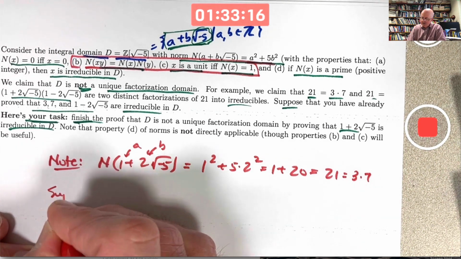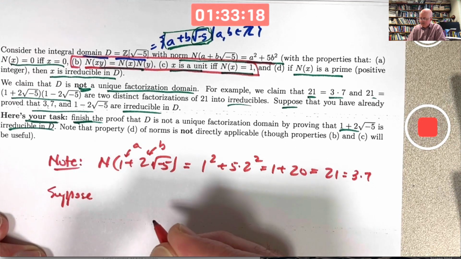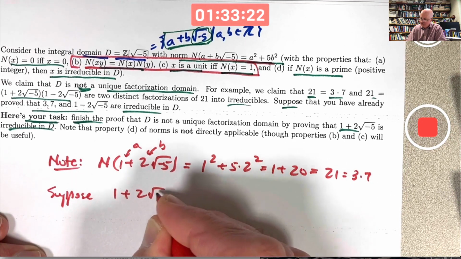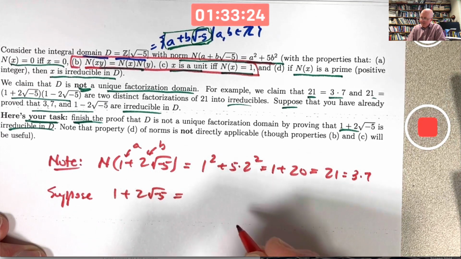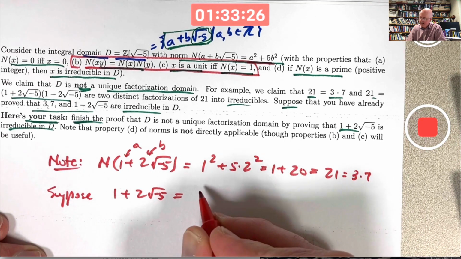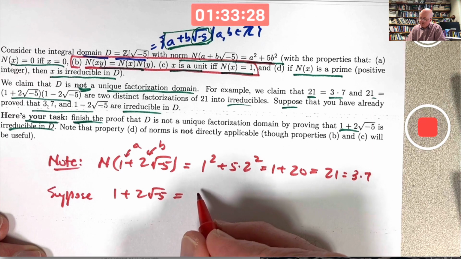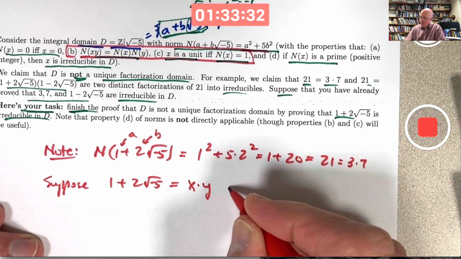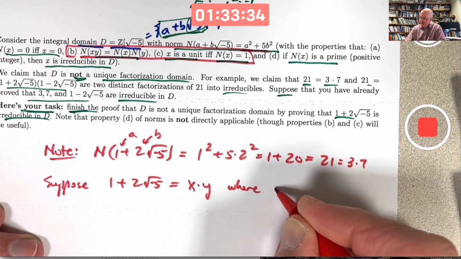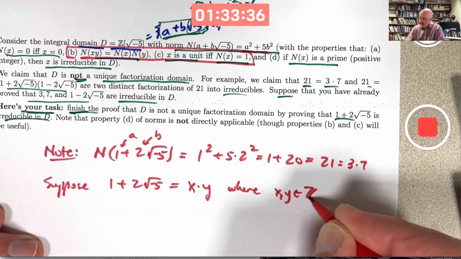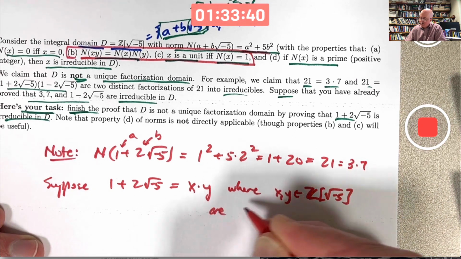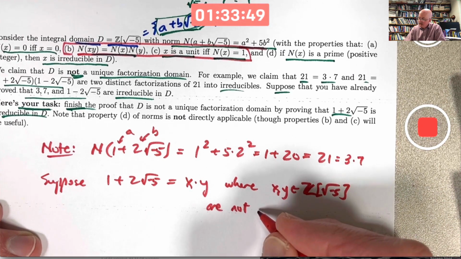Let's suppose, for the sake of getting a contradiction, that 1 plus 2 times root of negative 5, I'm trying to show it's irreducible. Let's pretend it is reducible. That is, it equals x times y, where x and y are in this ring, and are, let's assume, not units.